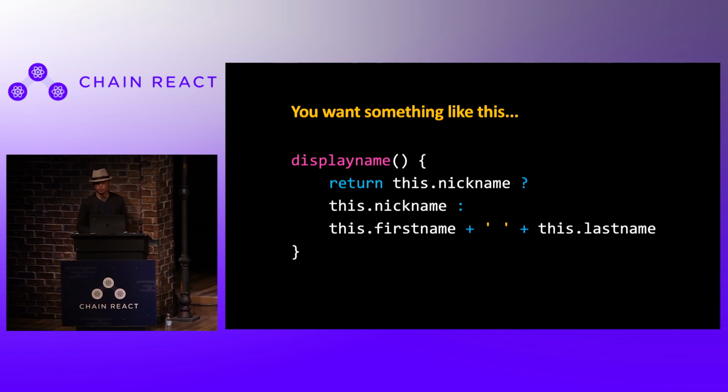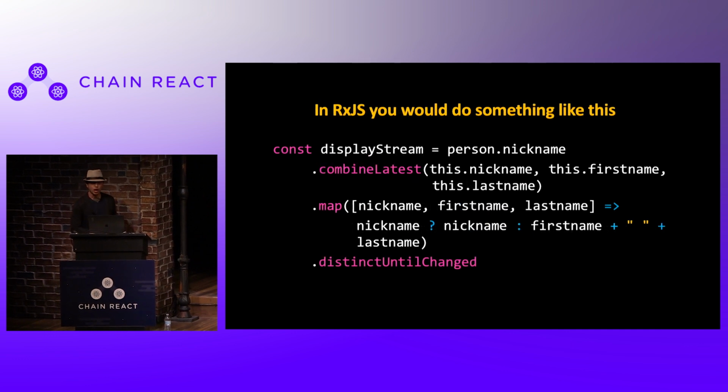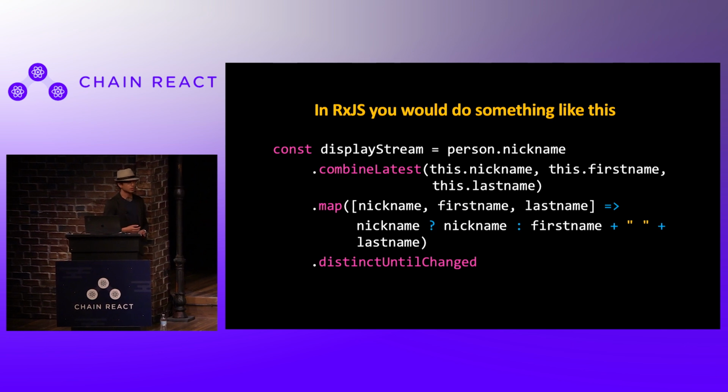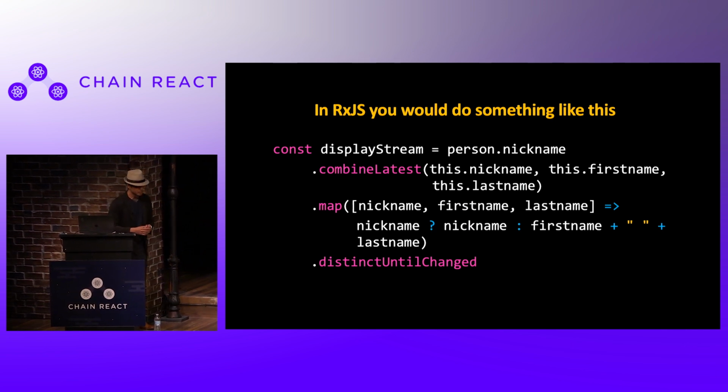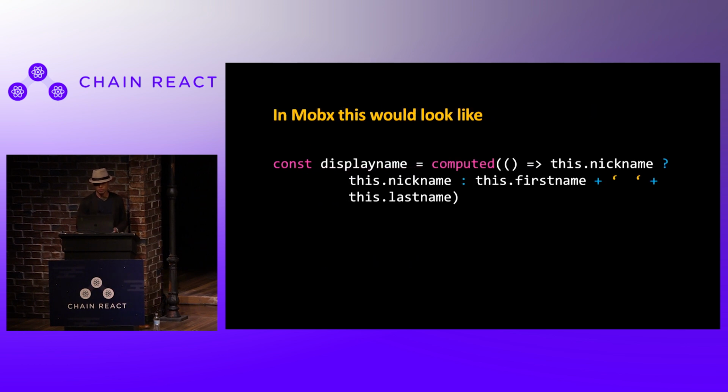Let's suppose you want to reactively derive a display name of a person object. You want something like this. In RxJS, you would use combineLatest, map, distinctUntilChanged. These are operators. In MobX, you hardly have operators, as the stuff is normally combined through normal JavaScript constructions.